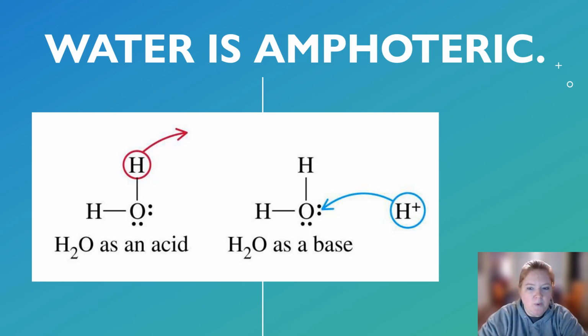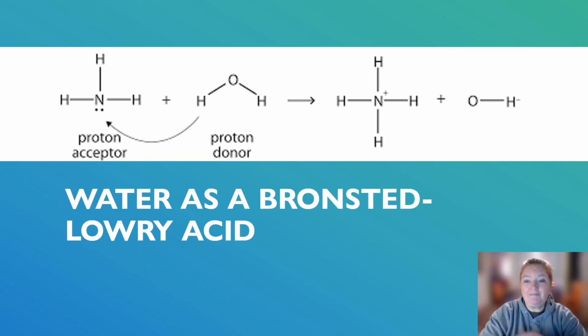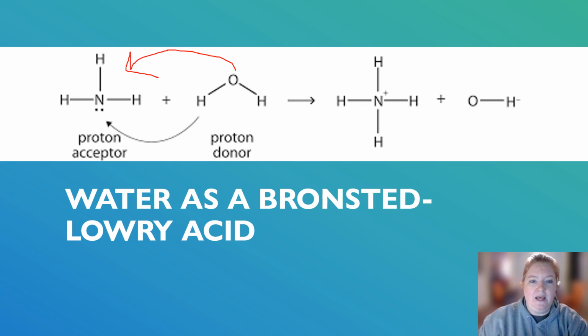Okay, so what does water look like when it's an acid? Let's see. Acid is donating. So watch this. The H went this way, left here, went over here. So in this case, water is acting as an acid. This is the base.